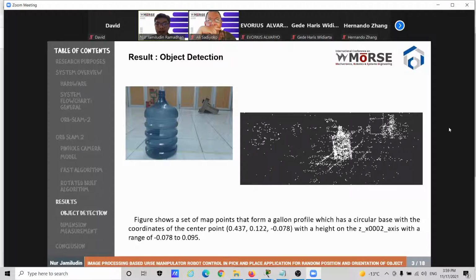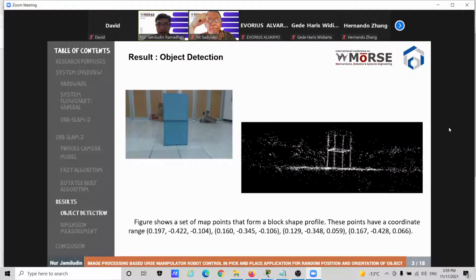And then we also implement another object. This is the figure of a block shape profile. And then the system successfully creates the map points representing the object in the environment.